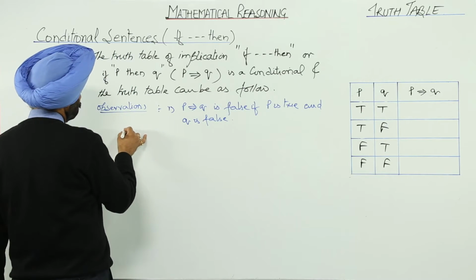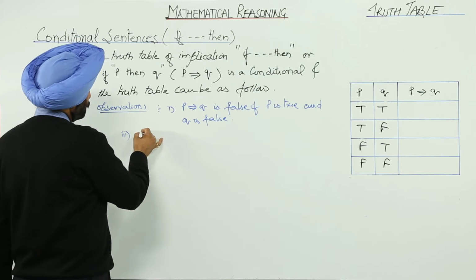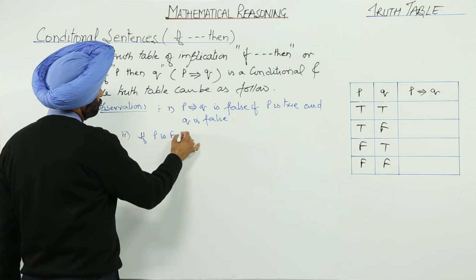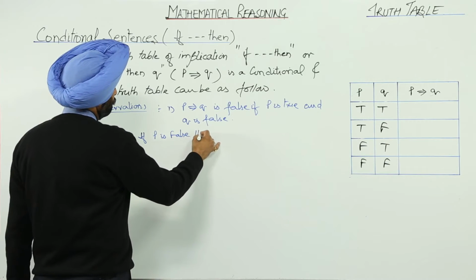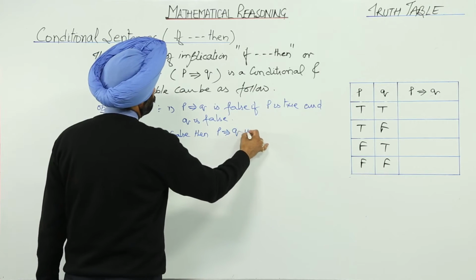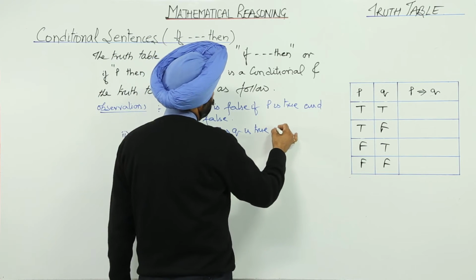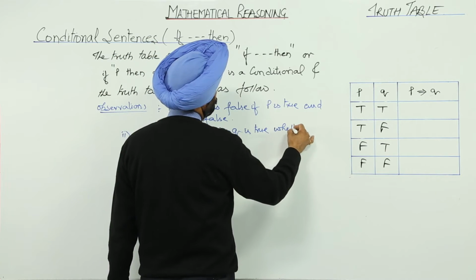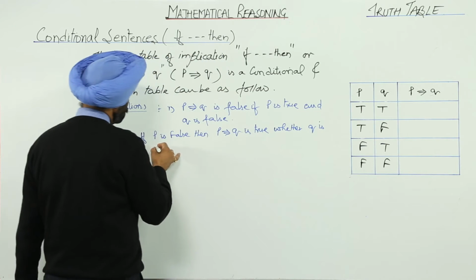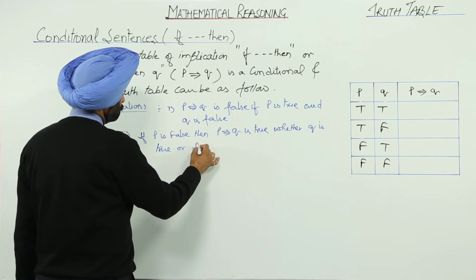Number 2: if P is false, then P implies Q is true, whether Q is true or false.